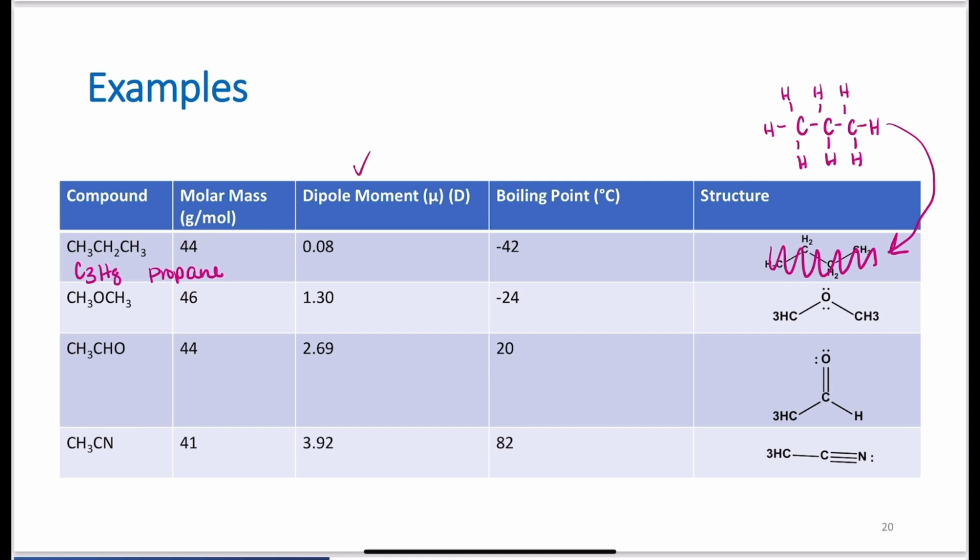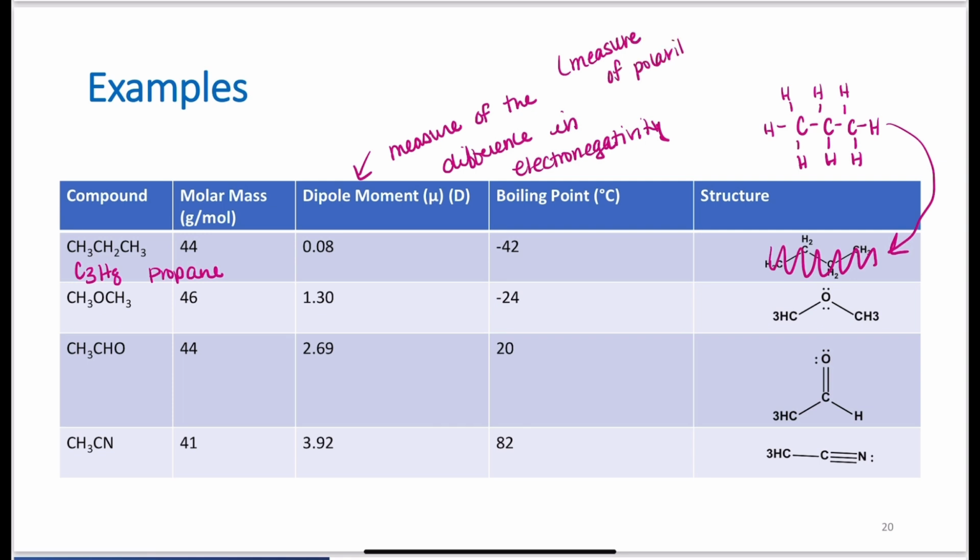Again, a dipole moment is the measure of the difference in electronegativity. So you can think about it like a measure of polarity of the molecule. Its boiling point is negative 42 degrees C, pretty low.